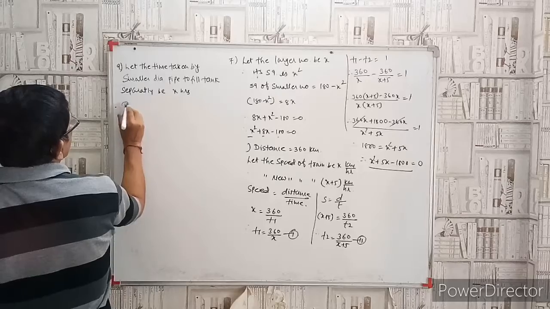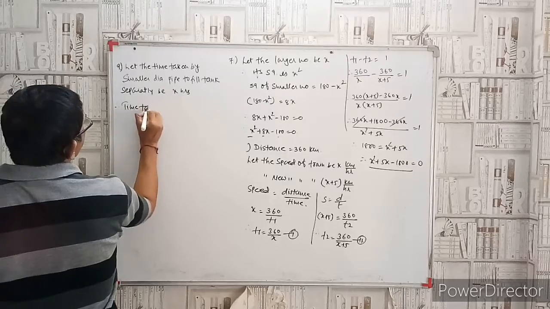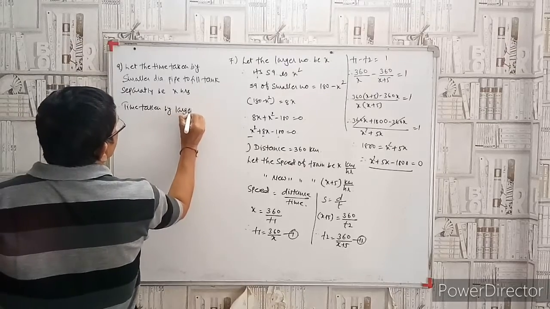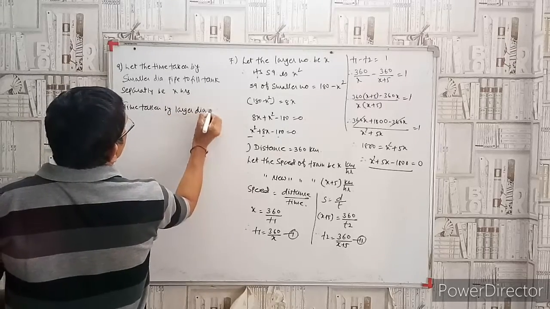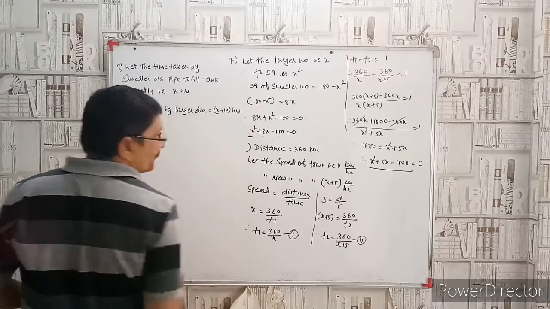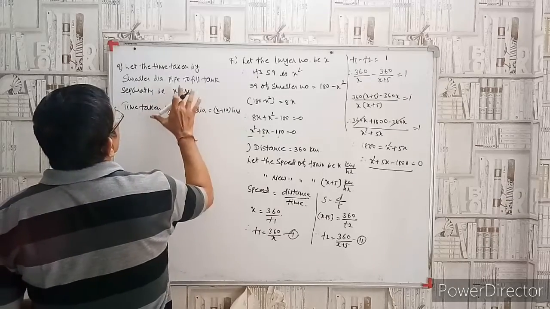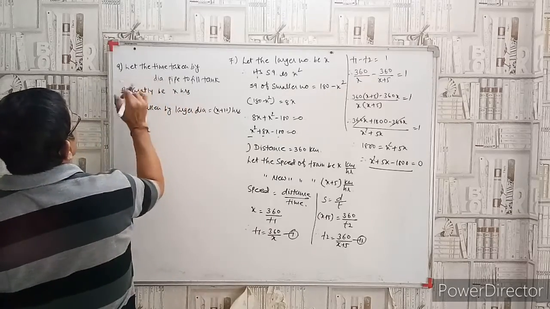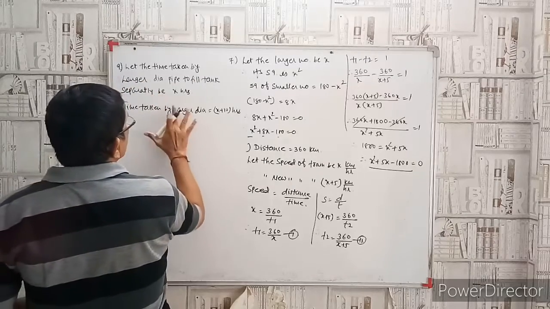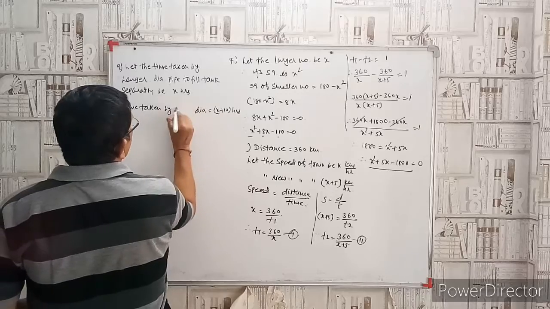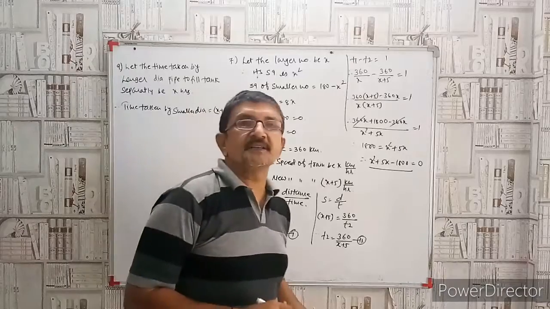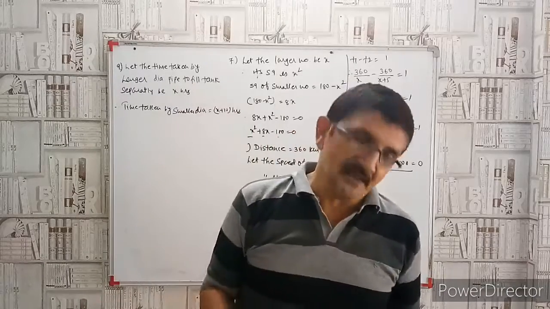Therefore, the time taken by the larger diameter will be x minus 10 hours. Okay, sorry, here it will be the larger diameter, and here the time taken by the smaller diameter, because the larger diameter takes 10 hours less than the smaller one.